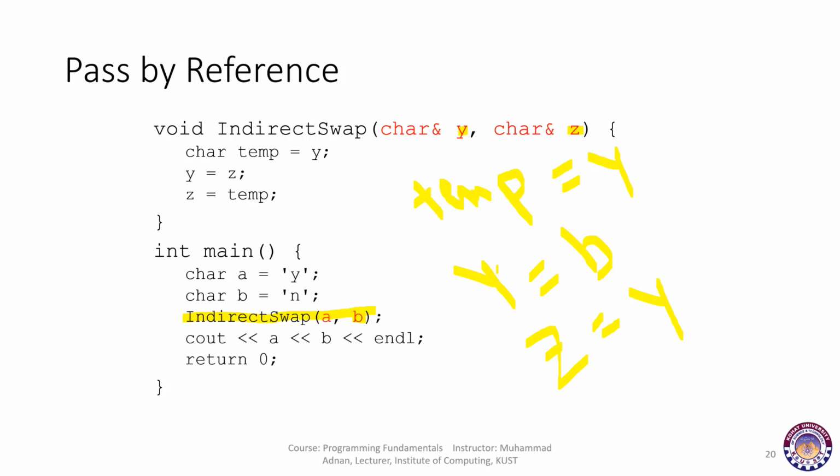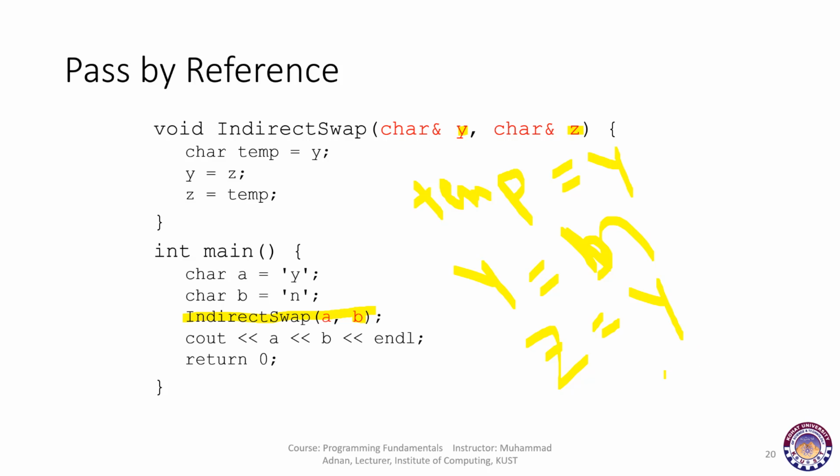So yes, it is n, and then we assign the value of temp to z. Temp was in fact y, so z now has y. So y has n and z has y.